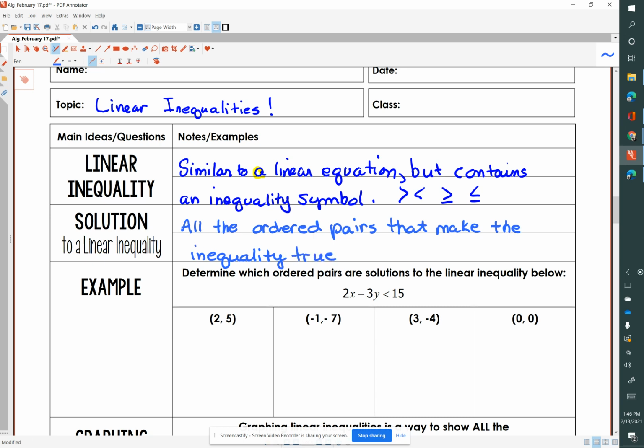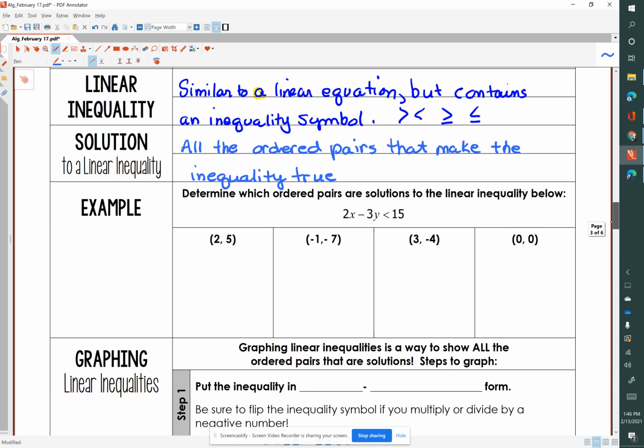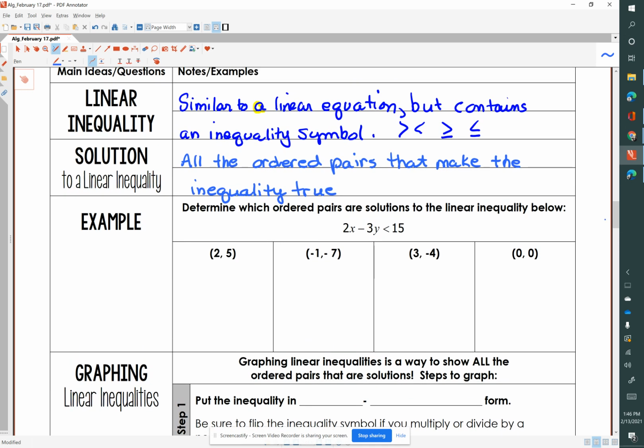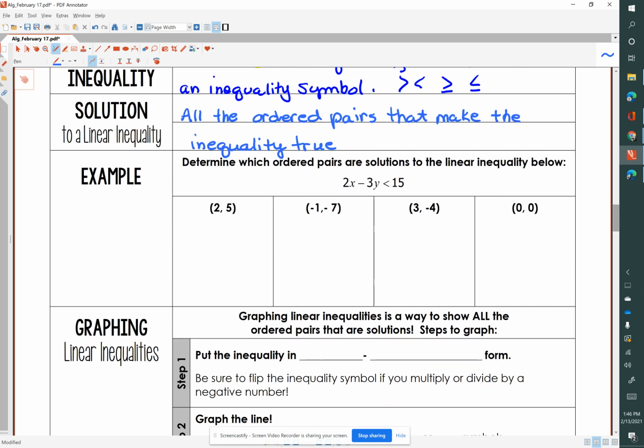Now, we have our first example, and we're going to determine which ordered pairs are solutions to the inequality 2x minus 3y is less than 15. So we're going to substitute 2, 5. So 2 is our x value, 5 is our y value.